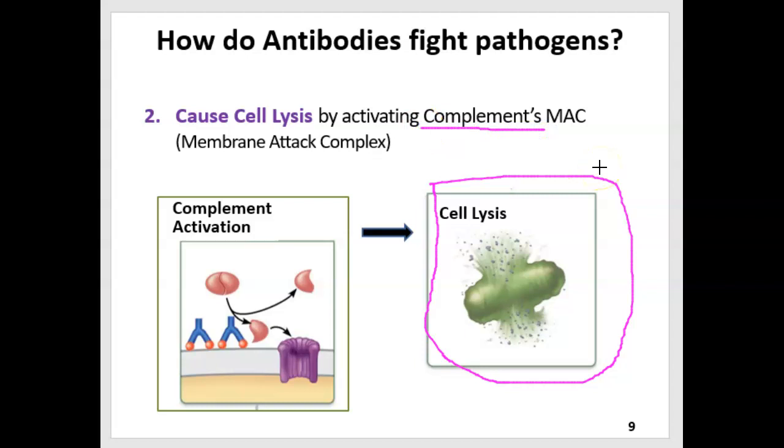Remember, complement is a set of proteins normally in an inactive form, but when they're activated, the complement proteins make this pore. When an antibody has bound to a foreign cell, like this yellow cell, complement can bind to the stem and be activated and form this membrane attack complex. So it's really complement that's doing the killing, so to speak.